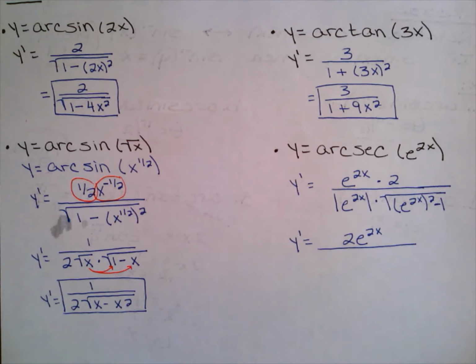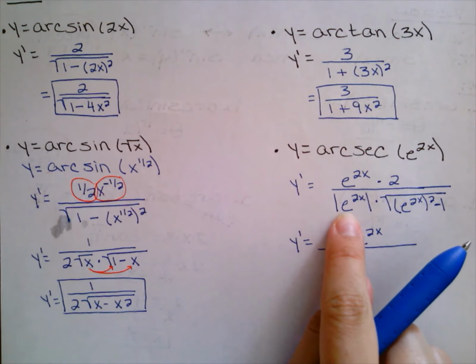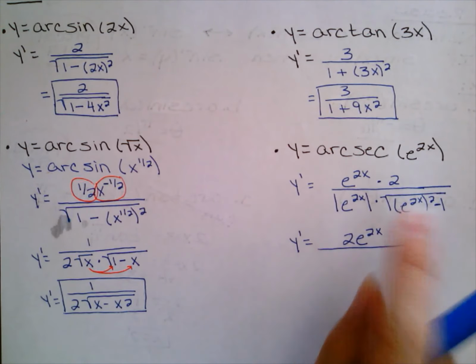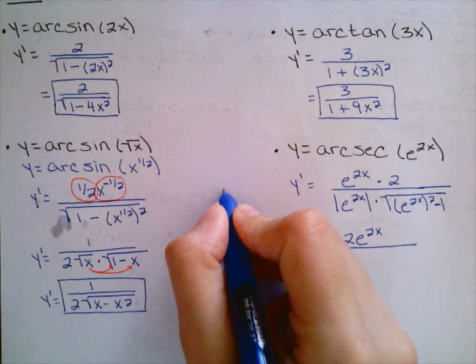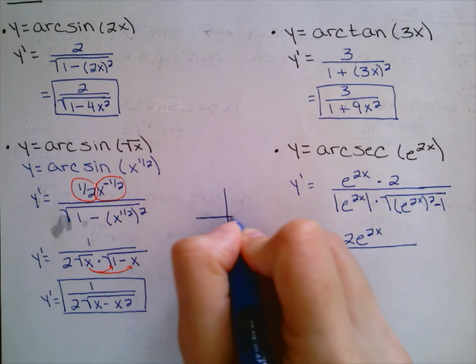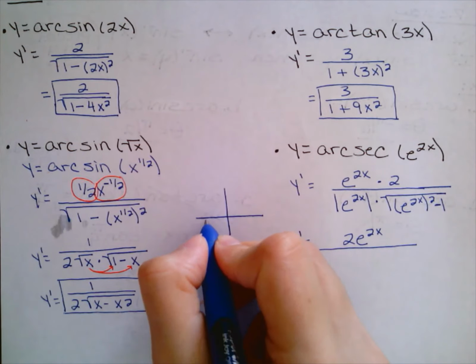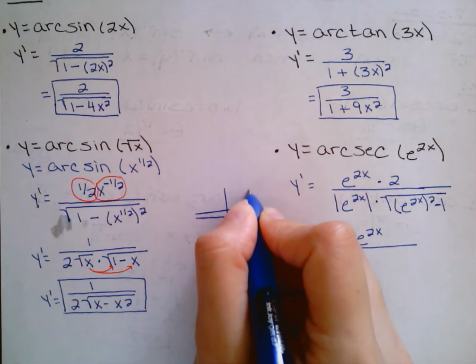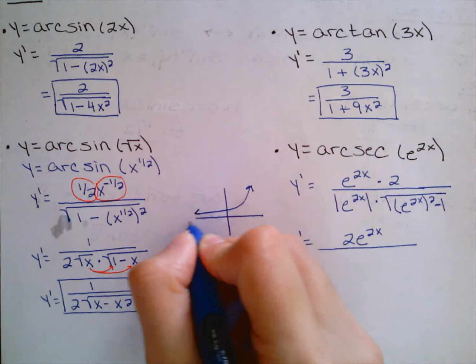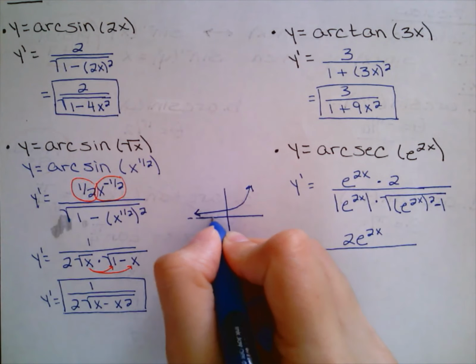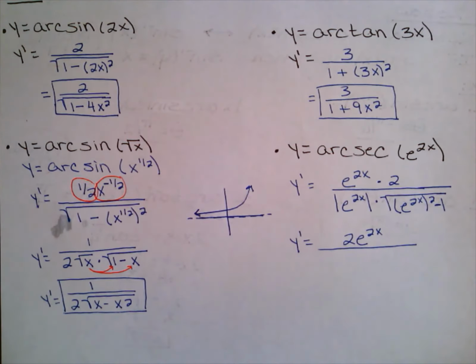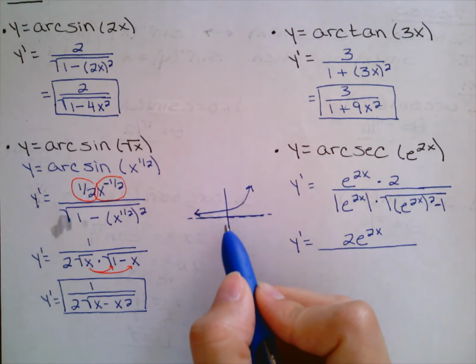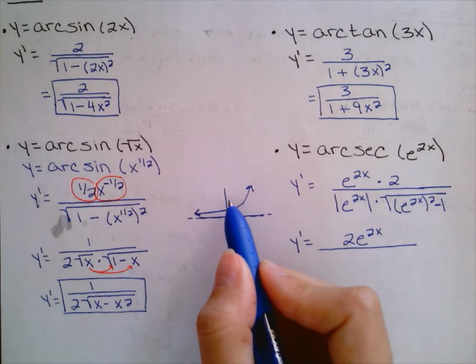Reason being, the graph of e to the x, let's ignore the 2 for a second, e to the x, right, it goes like this, with an asymptote right here. Okay, so that e to the x function is always positive, always above the x-axis.